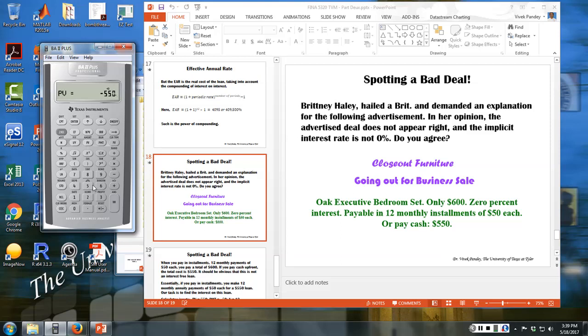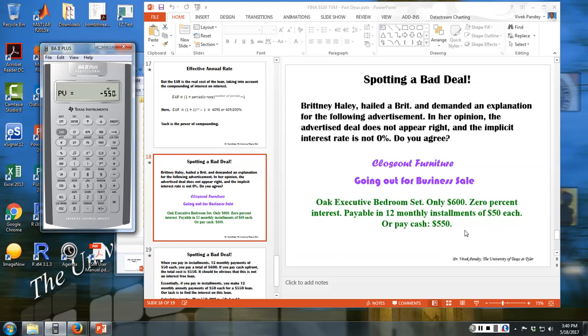Before I proceed, what is the idea here? Well, remember that if you take this bedroom set home and make those $50 payments instead of paying the $550, you pay 12 monthly installments of $50.